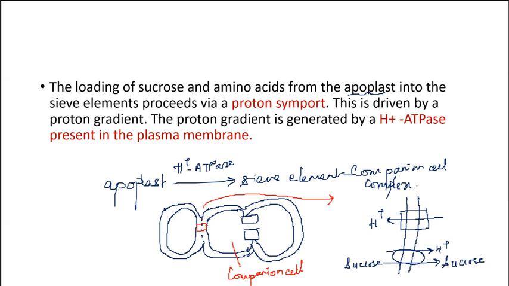Okay, so see, proton will come in the apoplastic region and via the sucrose H plus symporter. This is sucrose H plus symporter. Via the sucrose H plus symporter, the sucrose will be transported inside the companion cell with the help of proton. Okay.